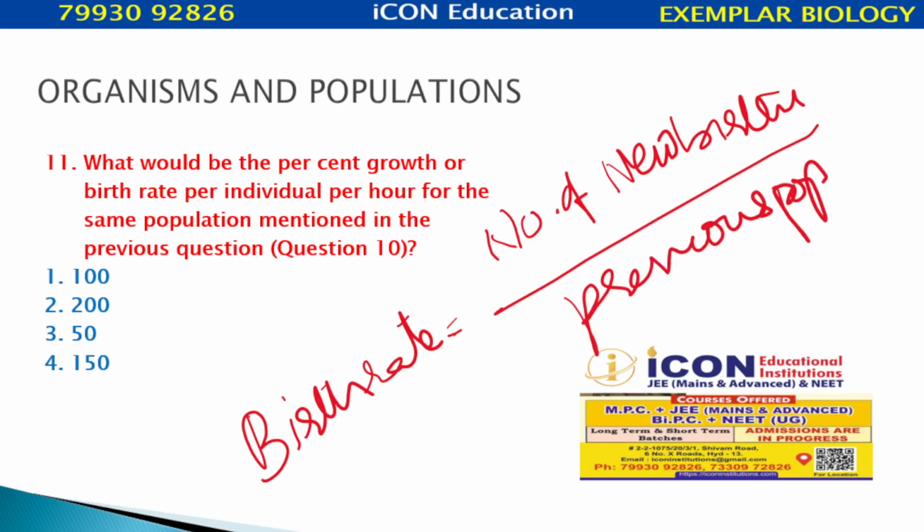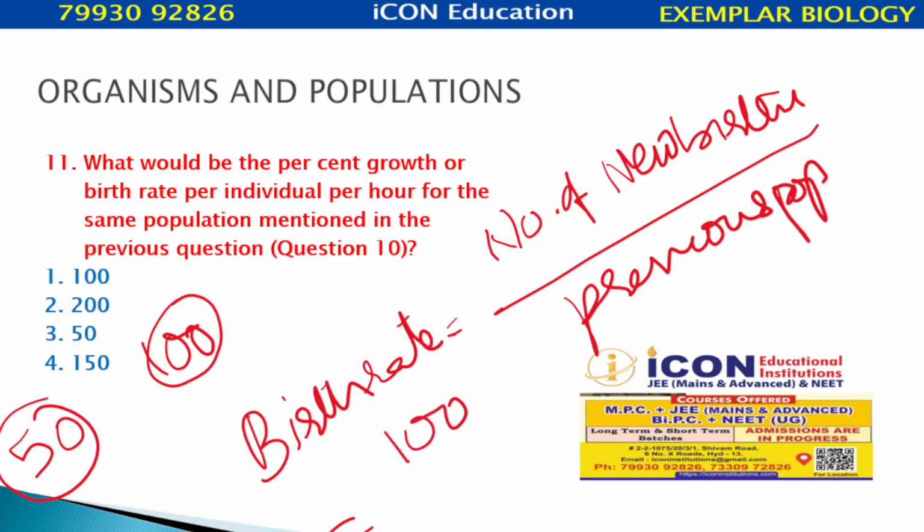In the previous population, earlier given as 50, the new births are 100. So how many new births here? 100. What is the previous population? 50. So, what is the birth rate here? 2. In that way, we can say the growth rate will be 200. Here, the percent growth or birth rate per individual will be 200.